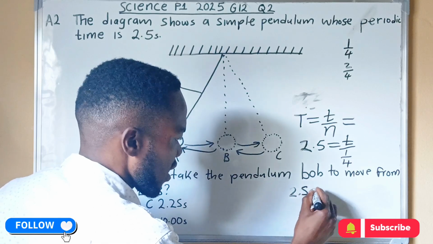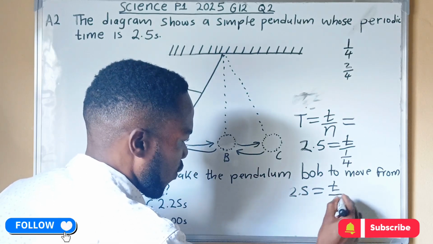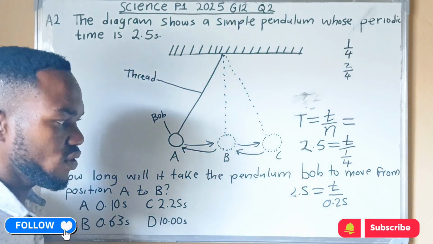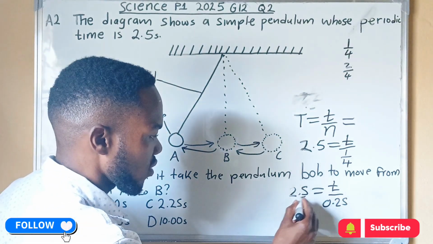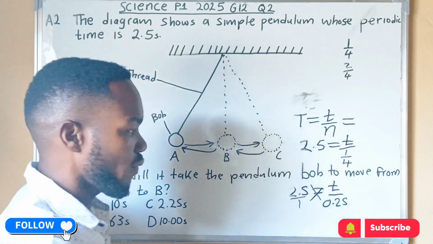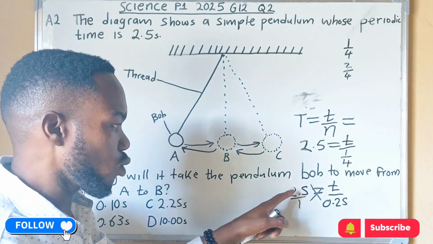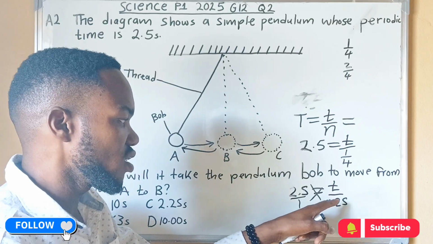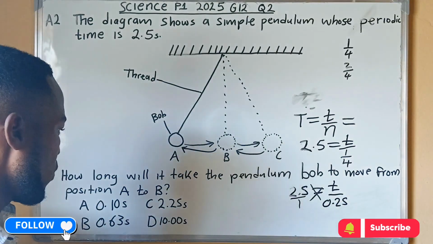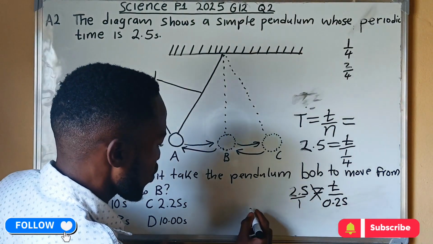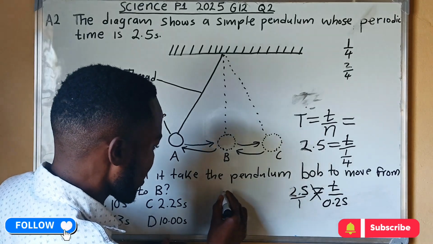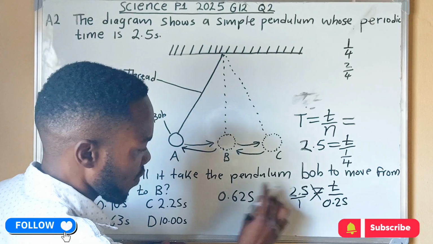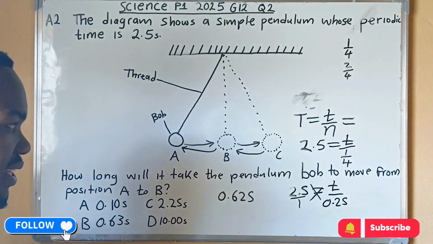So it will be 2.5 equals t over 0.25. When you reach here, you are going to cross multiply. 2.5 times 0.25 will give you a number like this.